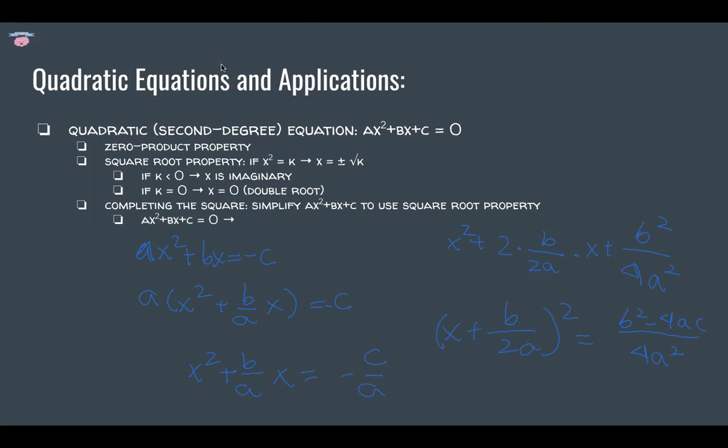Now I'm going to erase everything else to get more space. And I'll continue on this side. So now we can use the square root property. x plus b over 2a is equal to, you take the square root of this.